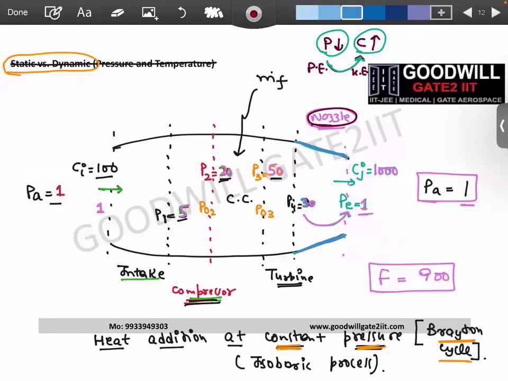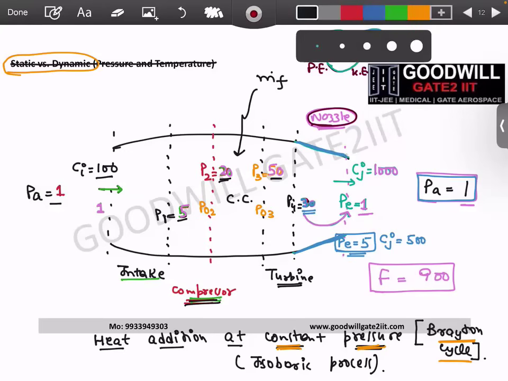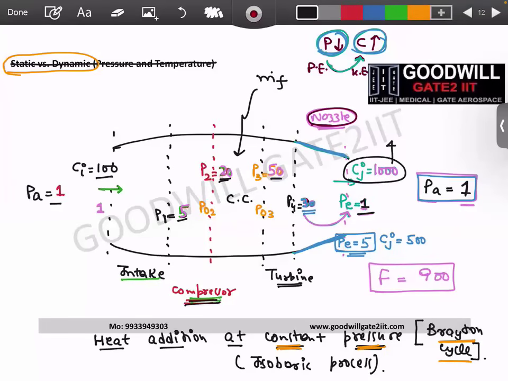So it started with 30, but it reduces your pressure to 5. But now your pressure is 5, atmospheric is 1. This is not optimum expansion. So you have reduced your pressure from 30 to 5. And when any pressure is reducing, velocity will increase, right? Let's say in this case, our velocity at the exit is 500. Now, you understood why when you have optimum expansion, your velocity at the exit is so high that your thrust is 900.